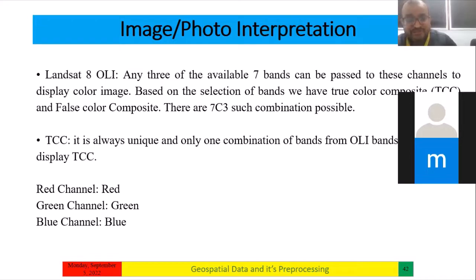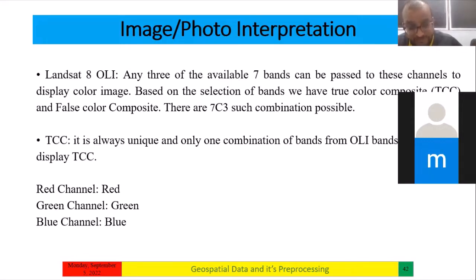True color means there are three channels for the color formation: red, green, and blue. If the actual range of RGB is passed to the channels, then we will have a true color composite. For example, 0.3 to 0.4 is blue, 0.4 to 0.5 is green, and 0.5 to 0.6 is the red band.